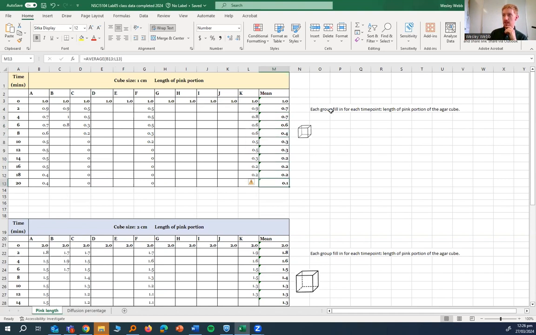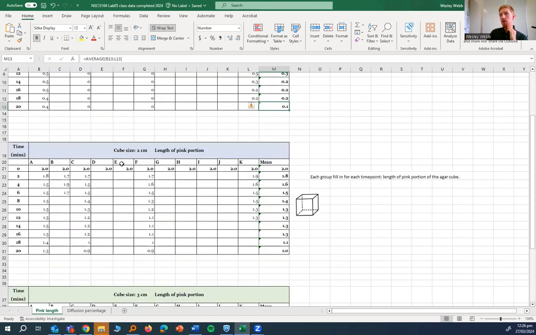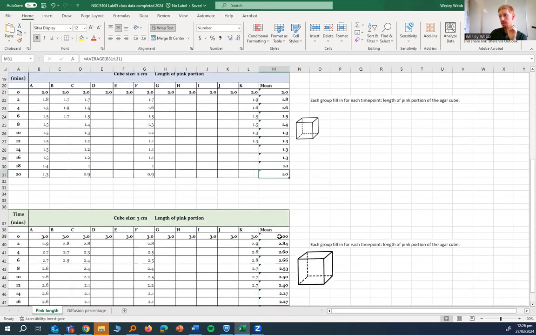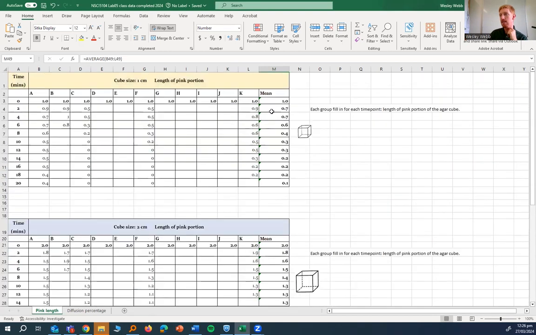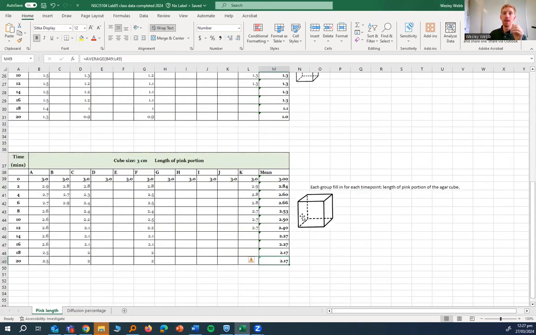And it drops down to 0.1. Likewise, for the 2 centimeter cube, it starts off at 2 centimeters of pink and that drops to 1. For the 3 centimeter cube, it starts off at 3 and drops to 2.1, 2.2. So we can see that is going in the right general direction.